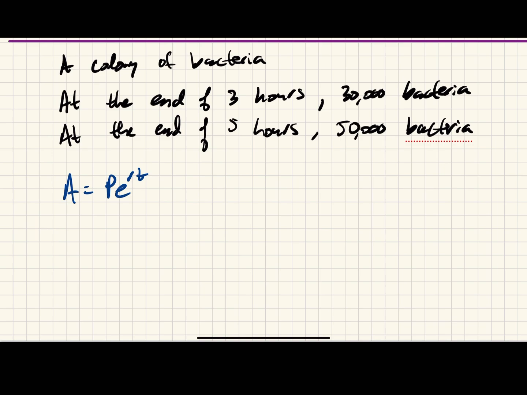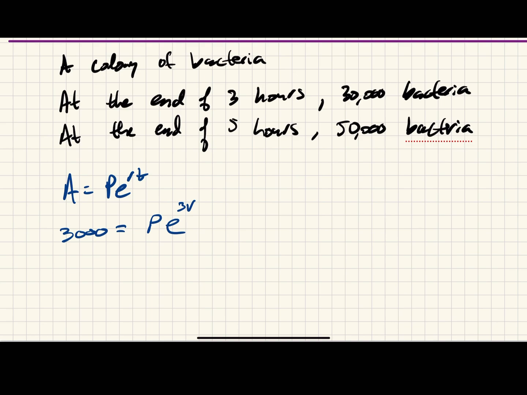I know that there's 30,000 when t is 3. So maybe I could do this. I could go 30,000 equals P times e raised to the 3r. I could do that.